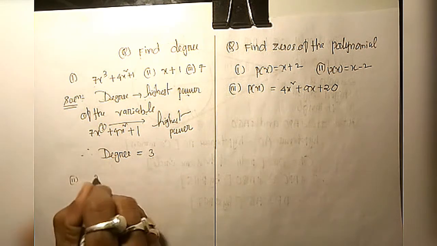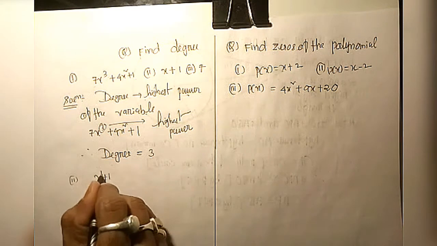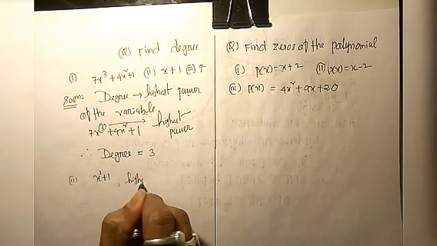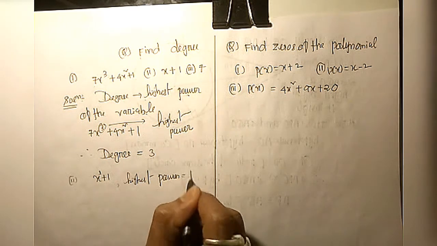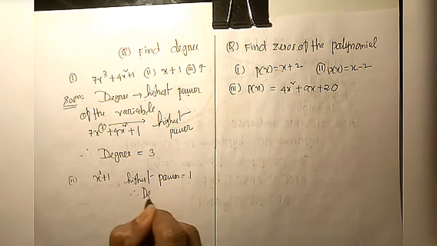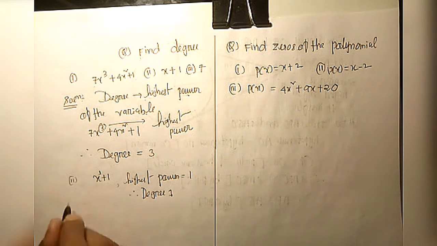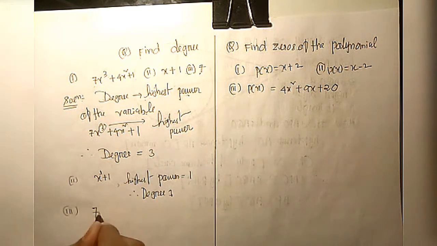Roman number 2, x plus 1. This is a linear polynomial, and the highest power of x is 1. Therefore, the degree is also 1. Number 3, 7. 7 is a constant polynomial.